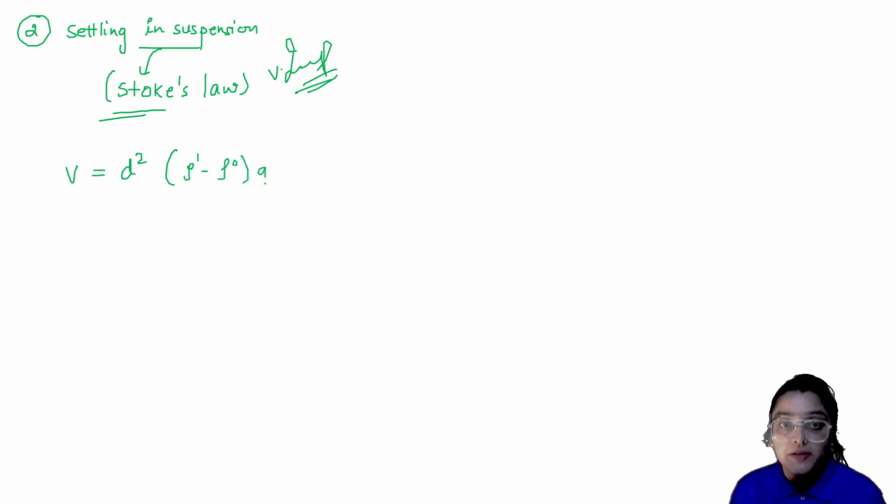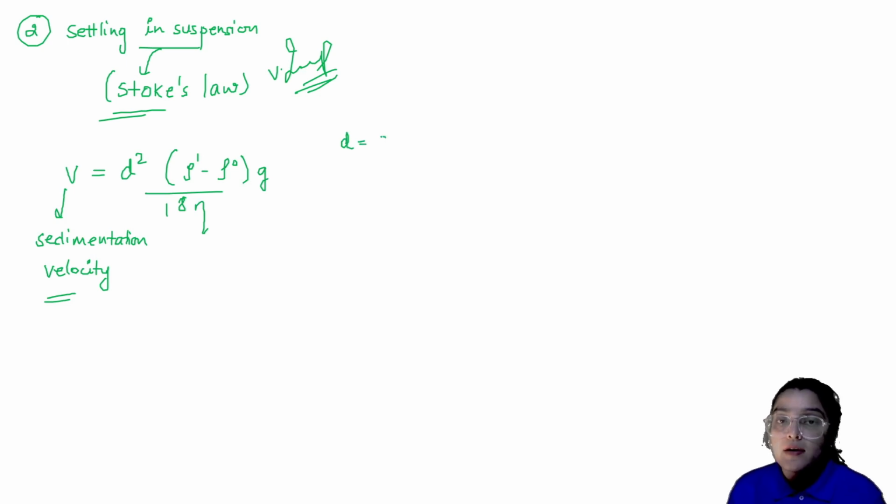I am just writing it real quick. Now this V is the sedimentation velocity of your suspended particles. This D will be the diameter of the particle.